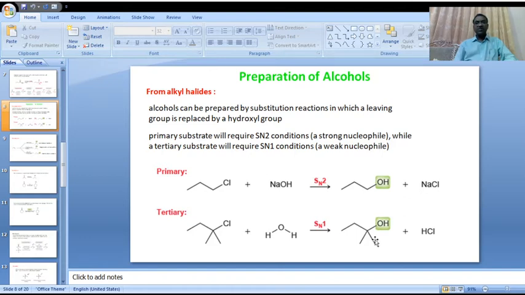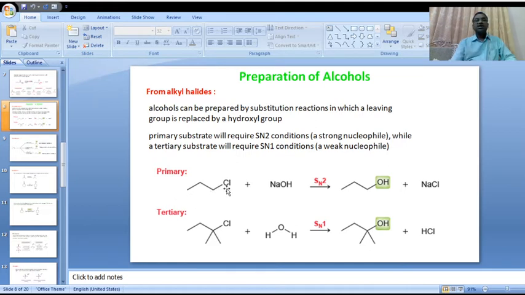Today we are going to discuss the remaining preparation methods of alcohols. First, we'll discuss preparation from alkyl halides.